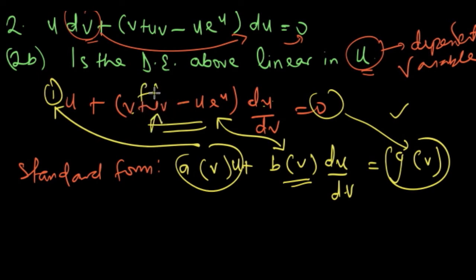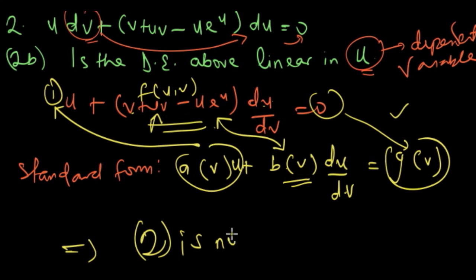So this is a function of u and v, so it doesn't satisfy the condition for linearity of a differential equation. That implies that the differential equation in part 2 is not linear in u.